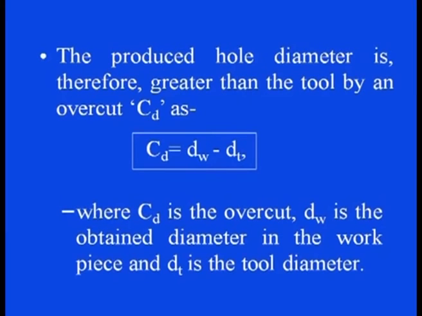The produced hole diameter is therefore greater than the tool by an overcut CD, which can be expressed as CD equal to dW minus dt, where CD is the amount of overcut, dW is the obtained diameter in the workpiece and dt is the tool diameter. This is shown in this figure on the screen.